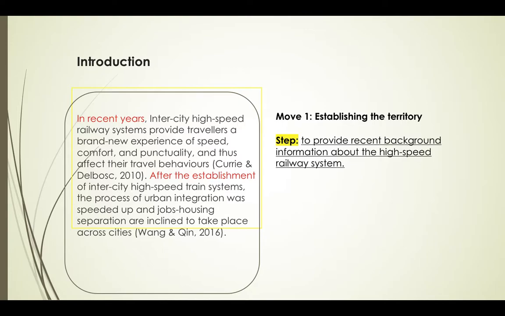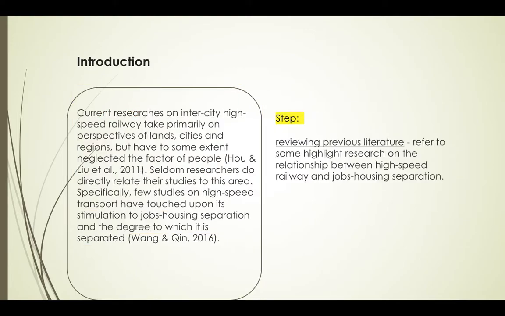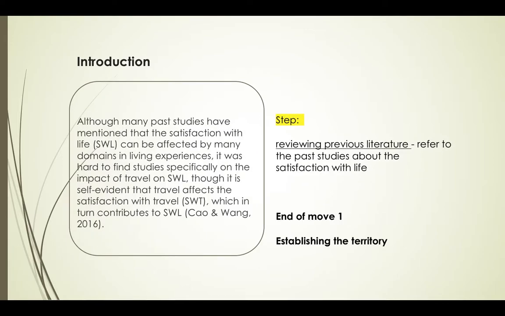This will be establishing the territory. The first step is to provide the recent background information about the high-speed railway system, and then following will be reviewing the previous literature and referring to some highlight research on the relationship between the high-speed railway and job housing separation.